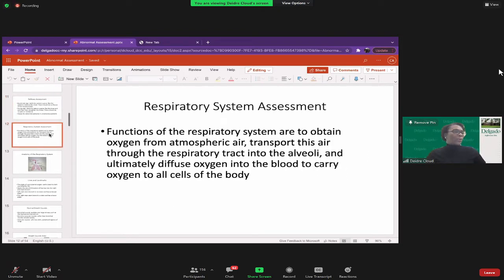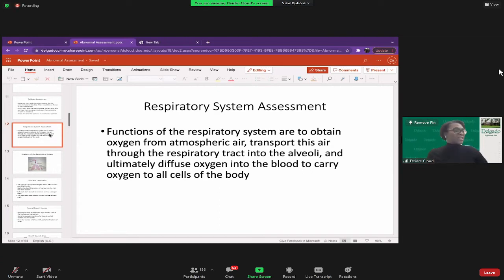All right, so now we're going to move on to the respiratory system assessments. The function of this system is to obtain oxygen from the atmospheric air and transport it through the respiratory tract into the alveoli and ultimately diffuse oxygen into the blood to carry oxygen to the cells.